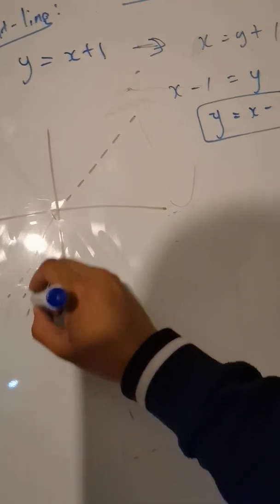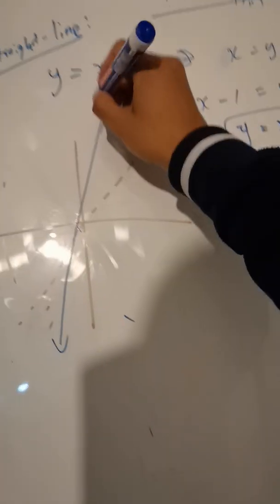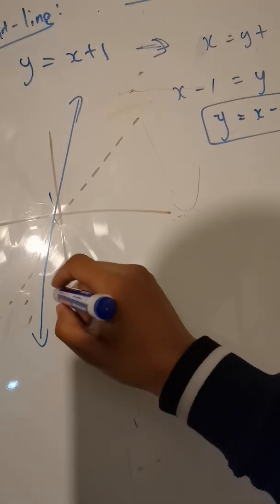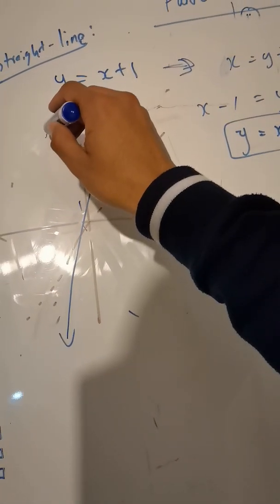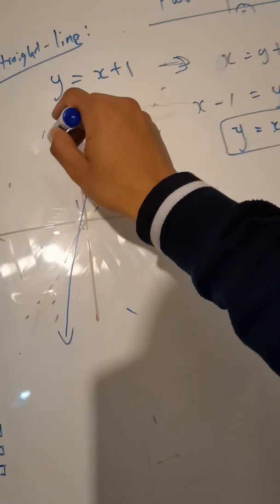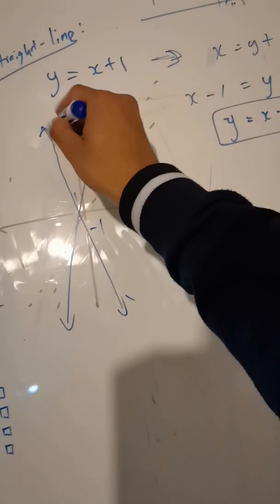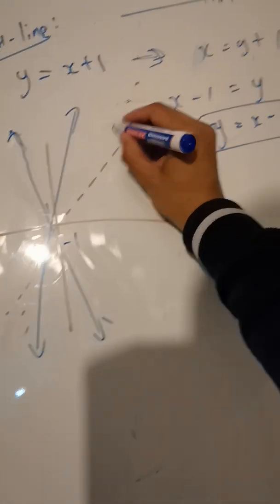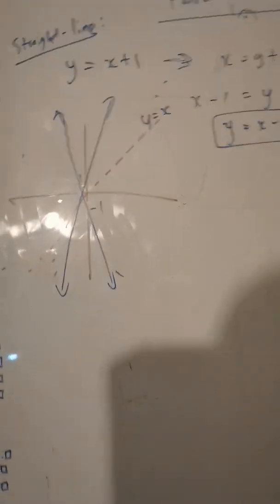And then our second graph, you can just draw on your own, will look about like that. The point I want to make here is that y equal to x is the line upon which your graphs are inverted.